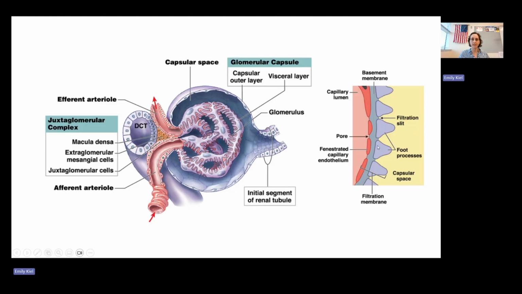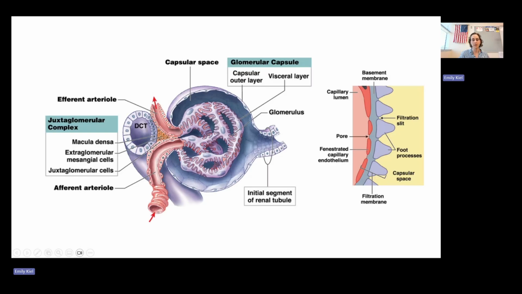The basement membrane is a special dense layer, and it can encircle more than one capillary. So it's not necessarily particular to each individual capillary. And we'll see here the blood coming in the afferent arteriole.